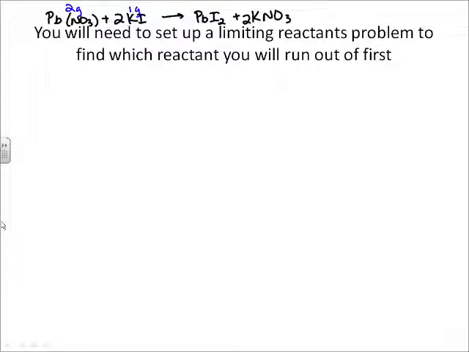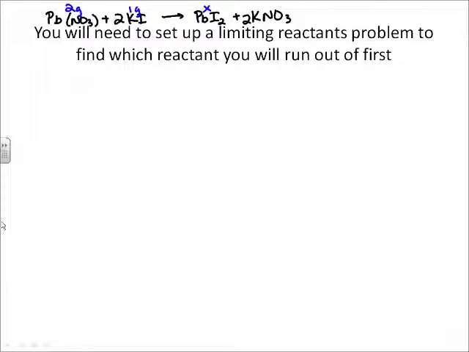In our lab, what we're going to be able to measure at the end is lead-2 iodide. So that's what we're going to be solving for. We have to do 2 stoichiometry problems, one starting from 2 grams of lead-2 nitrate and one from 1 gram of potassium iodide. Find out which one produces less of our product. So I'm going to go ahead and set these up quickly.